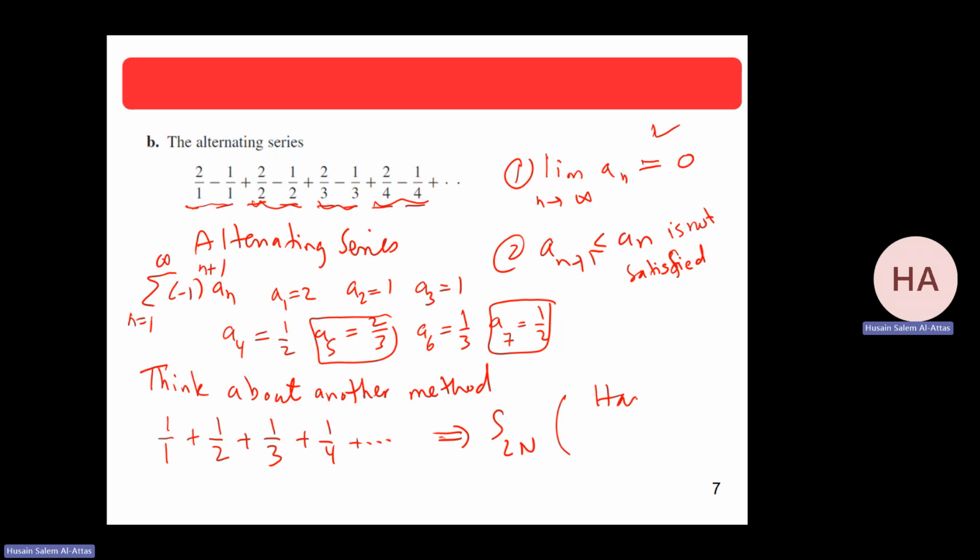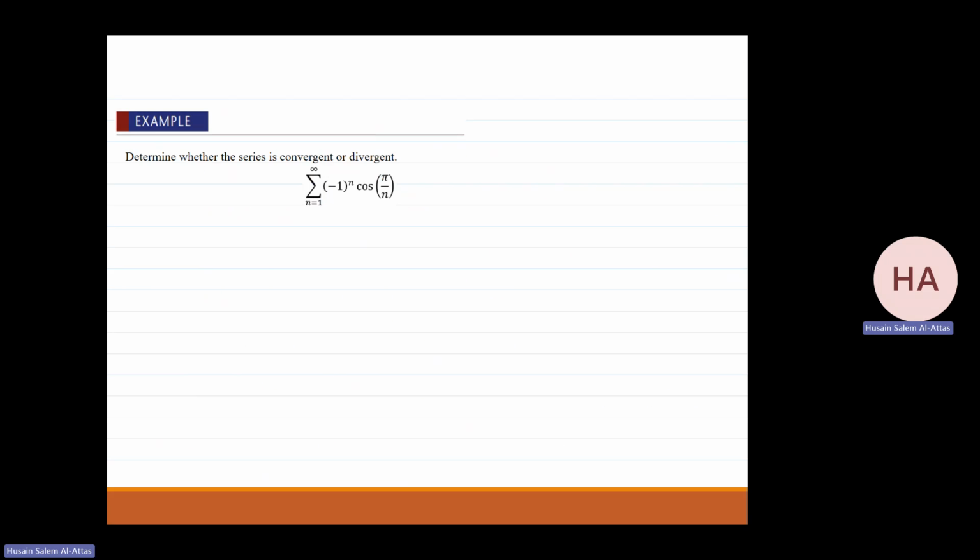You have the harmonic series, which I know will diverge. So this series diverges, which is clear. As I said, the most important thing in this section: if the first condition is not satisfied, it diverges. If the second condition is not satisfied, we don't know. We need to think about another method to deal with this problem.